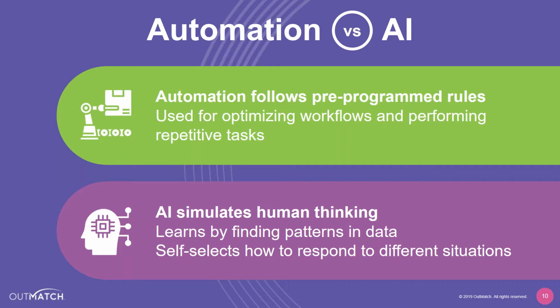That's an automation. You might, for example, be using an assessment software that automatically emails candidates out an assessment once they apply. That's automation. Whereas AI is actually simulating human thinking, and it's learning.